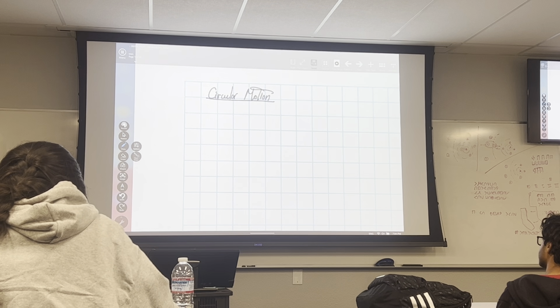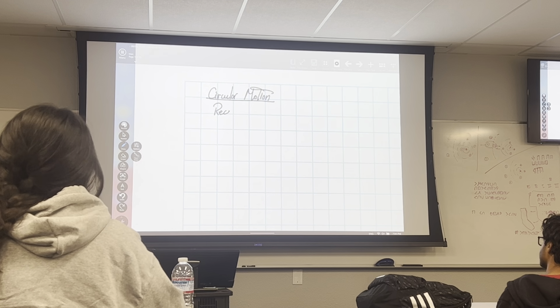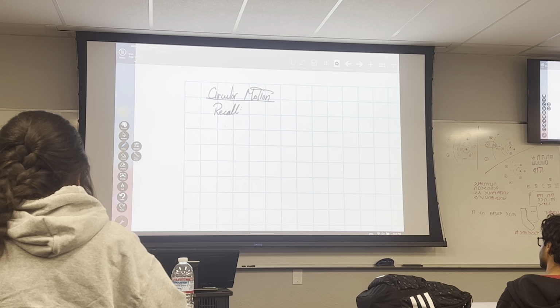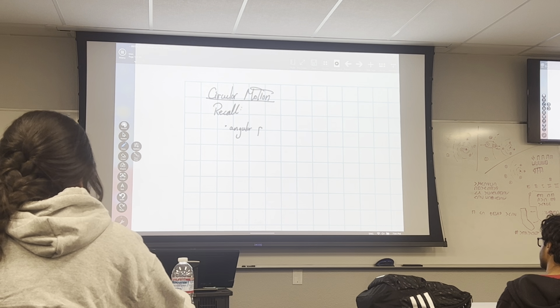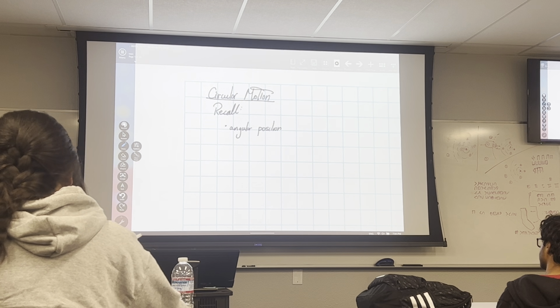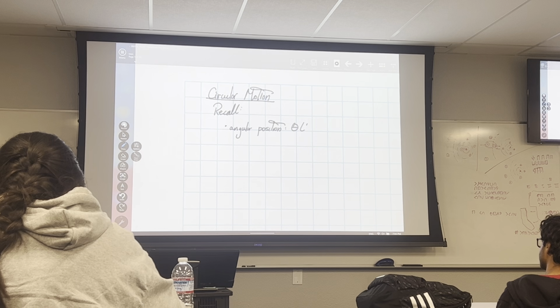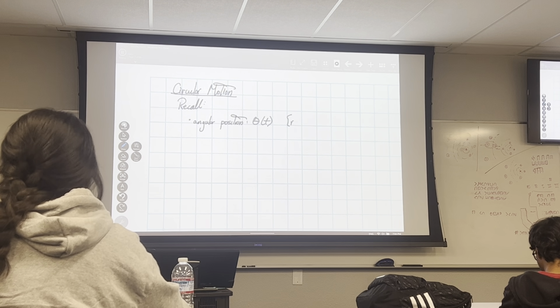Now let's begin with a trip down memory lane. So recall, angular position, we call theta as a function of time. And this had units of radians.